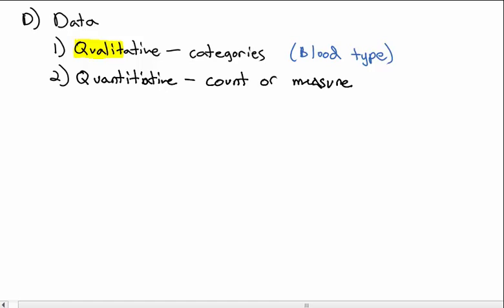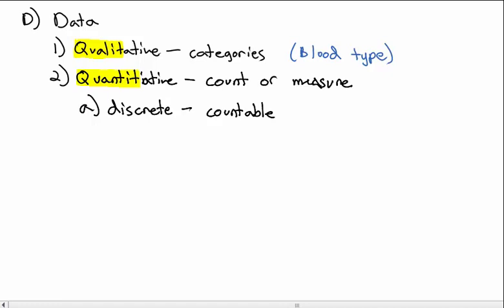You get some quantity. Quant means a number. Your data comes in numbers. And actually, quantitative data can be split into 2 categories as well. The first category of quantitative data would be discrete. And discrete data is countable.